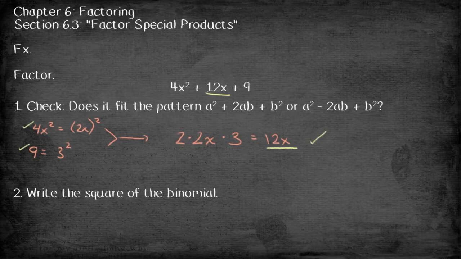After that, we write it as the square of the binomial. And there we have it.